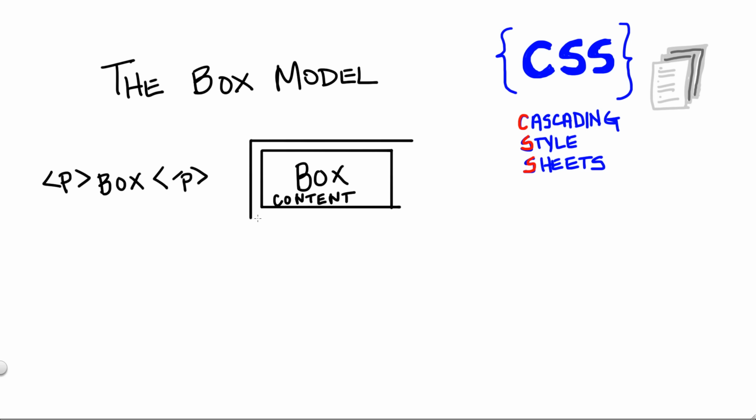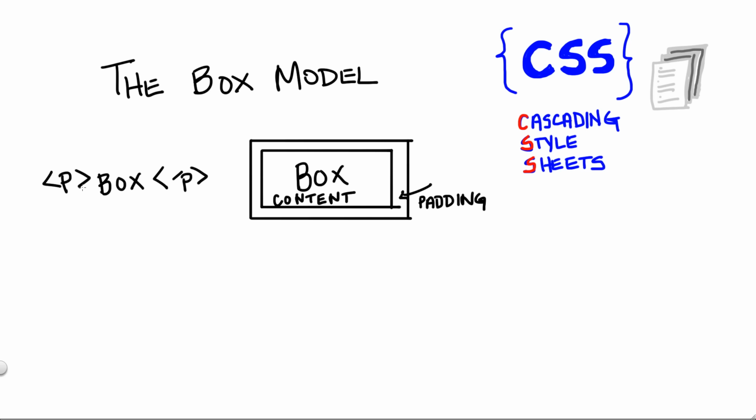Now we're getting into some of our CSS rules, and this is going to affect how your HTML elements display on the page. So this border is called your padding. This is another box that surrounds this content.